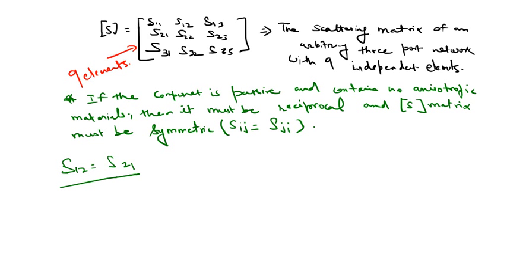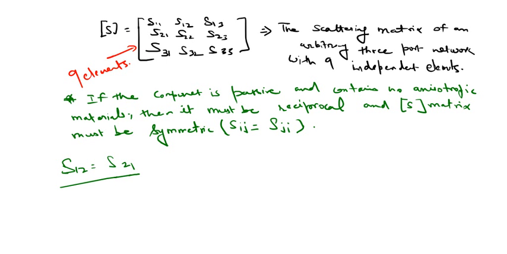So usually to avoid the power loss, we would like our T junction to be lossless. If it is lossless, then you are not getting any power dissipation. So how is it possible?